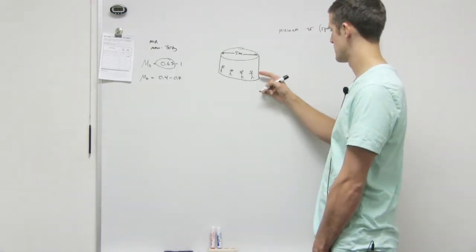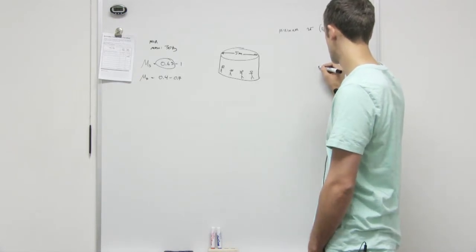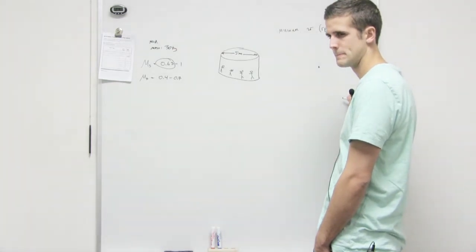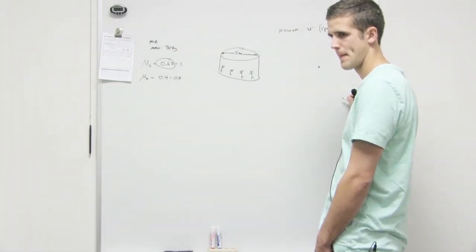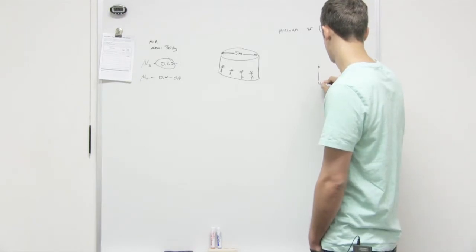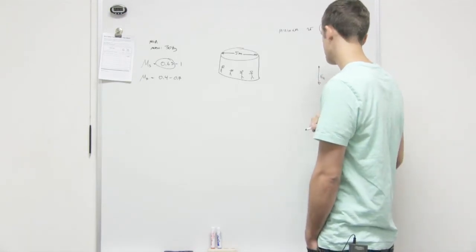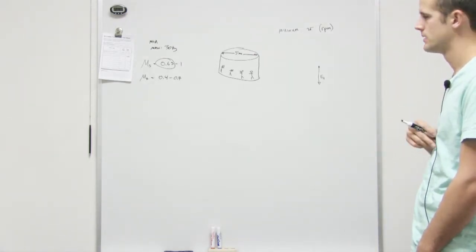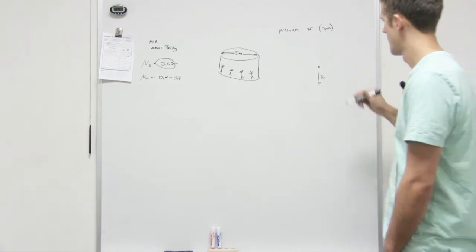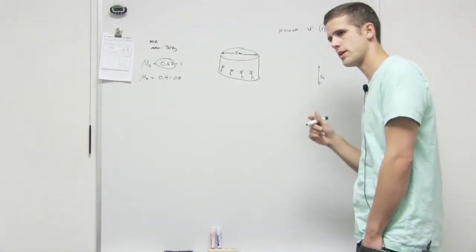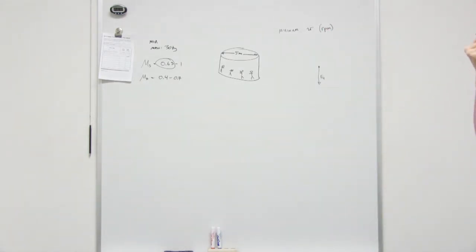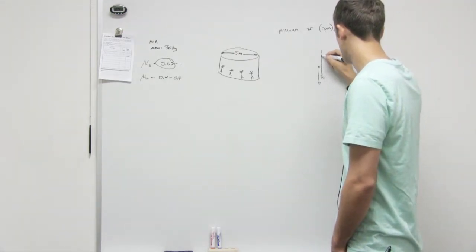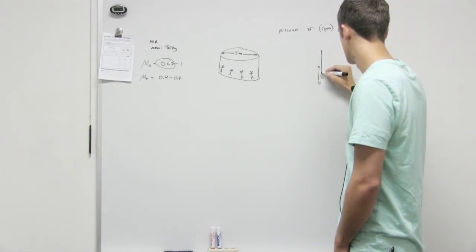So if you take one of these people, what are the forces acting on them? Well, gravity. And then static friction. Which direction would static friction point? Let's say the wall is right here, and they're up against the wall.